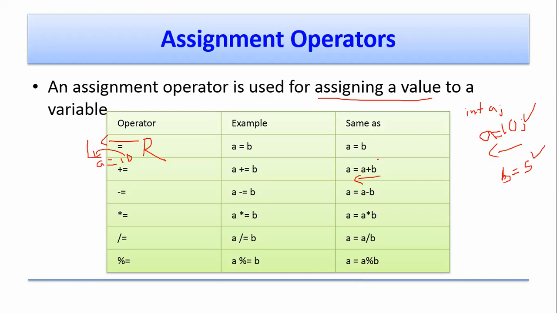B is 5, A is 10. How is it executed? 5 added to 10 is 15. 15 is assigned to variable A, so 10 is replaced by 15.